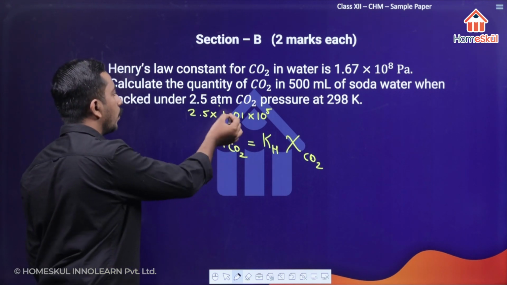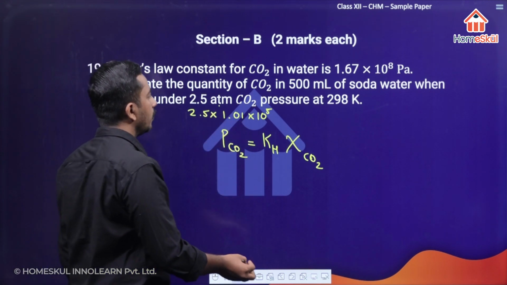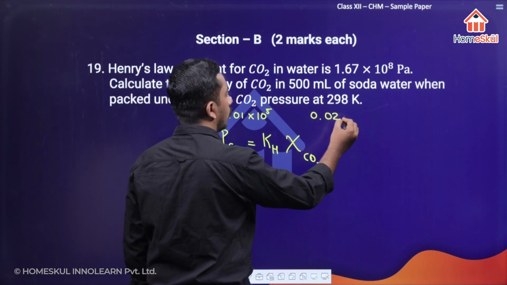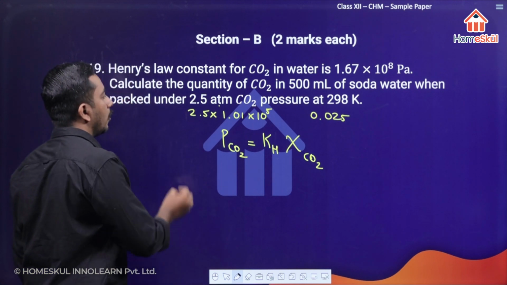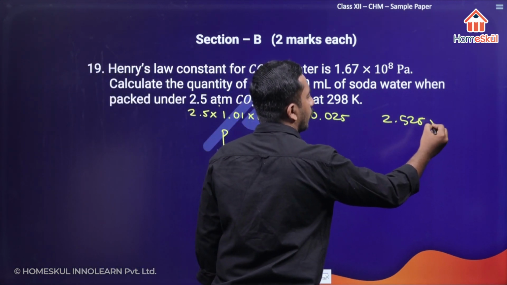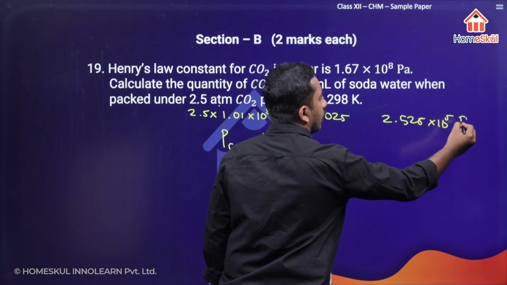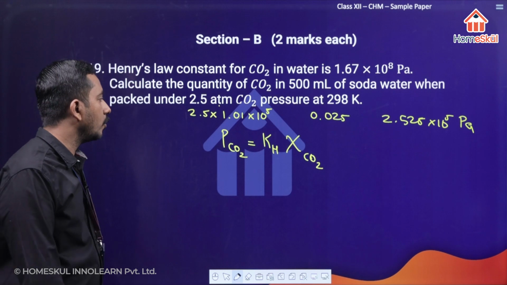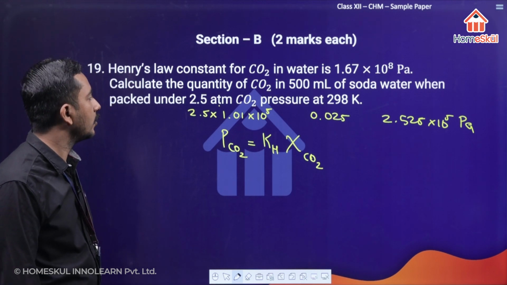So if we take 0.1 of 2.5, that is going to be 0.025. So our total value will be 2.525 into 10 raised to 5 pascals. So that is the value of 2.5 atm converted into pascals. So we can substitute these values in the equation.